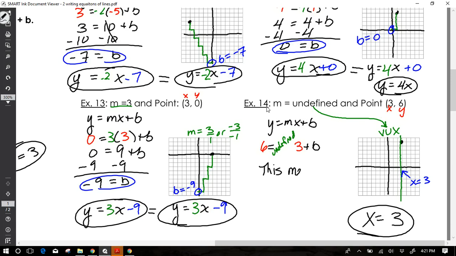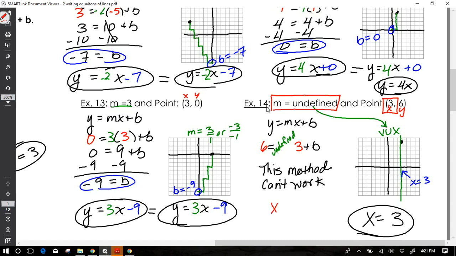So when it has an undefined slope, you really just have to know this method can't work. Undefined is vertical. Vertical means I need to focus only on the x. So x is 3 in that ordered pair.